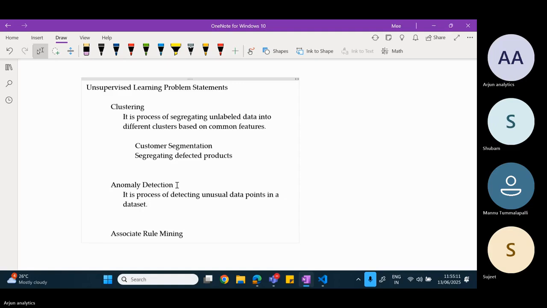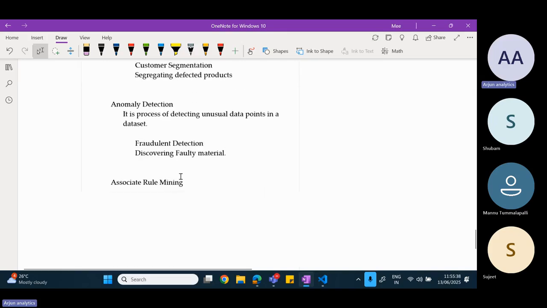There is something called fraud detection. Next one is discovering faulty material. All this comes under this.